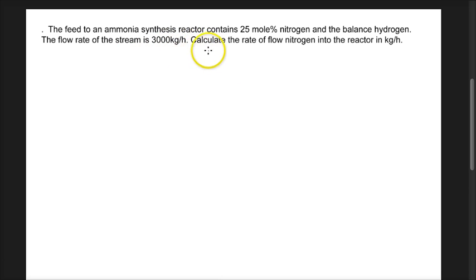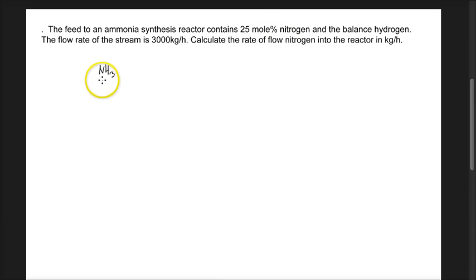So this question wants us to calculate the rate of flow of nitrogen into the reactor in kilogram per hour. So this stated that ammonia, which is NH3, goes into the reactor, and it contains 25% mole of nitrogen, and the balance is hydrogen.